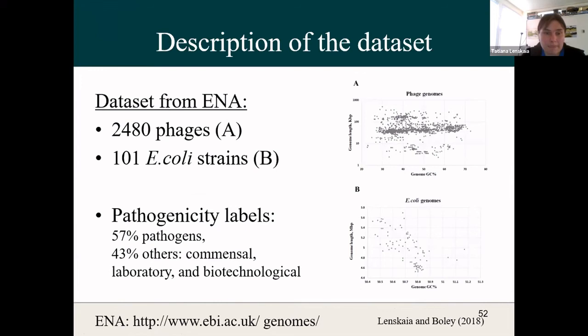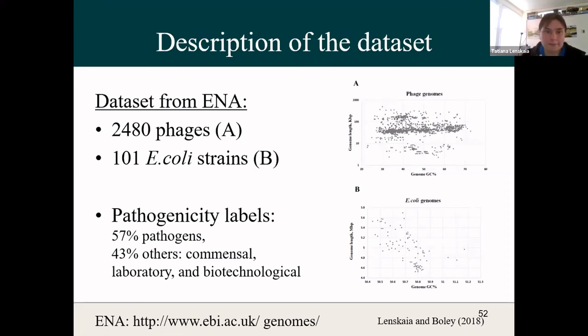The labels for these bacterial strains were obtained from the literature. We regard a bacterium as pathogenic if it caused severe infections in animals or humans, and otherwise it was considered not pathogenic.